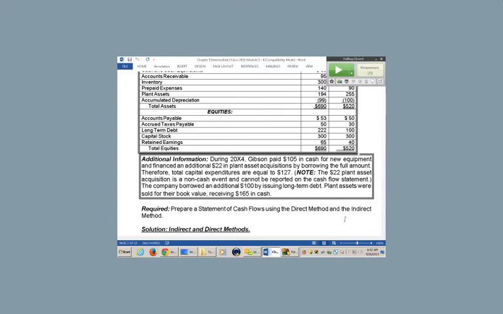Now again, I think you should write this down as you go along, but that's just my style. You don't have to do it that way. And now the company borrowed $100,000 by issuing long-term debt. So up here, borrowed 100.